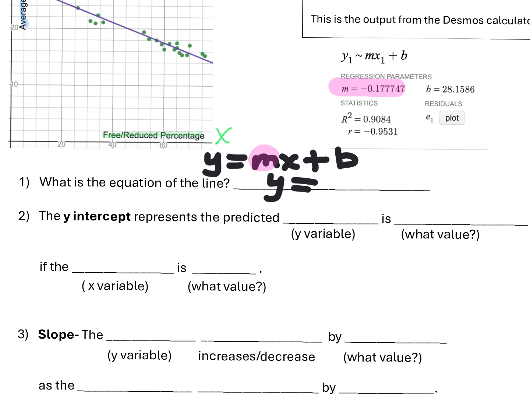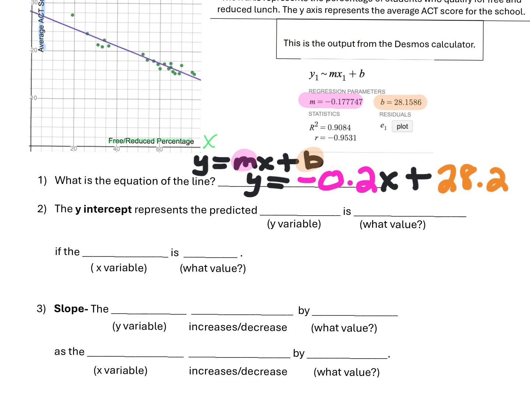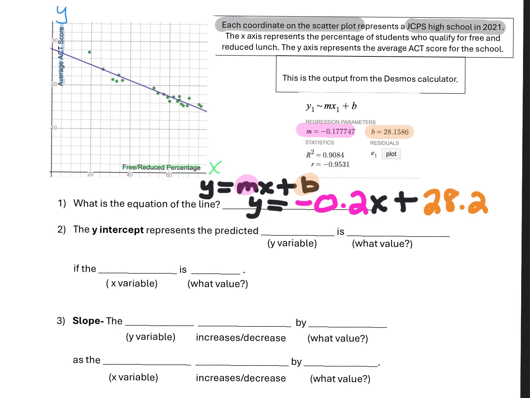I'm just going to round to one decimal place, so that'll make it negative 0.2. Then I need my x and my plus. And then I am going to replace the b in the equation with the b that was given to me in the table, and I'm going to round that to 28.2. So now we have the equation for the line of best fit.